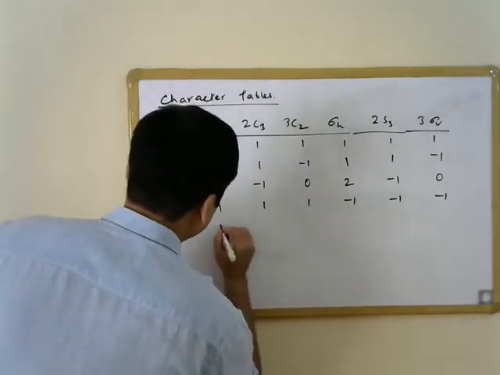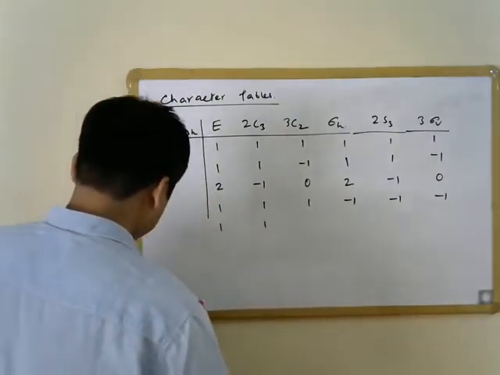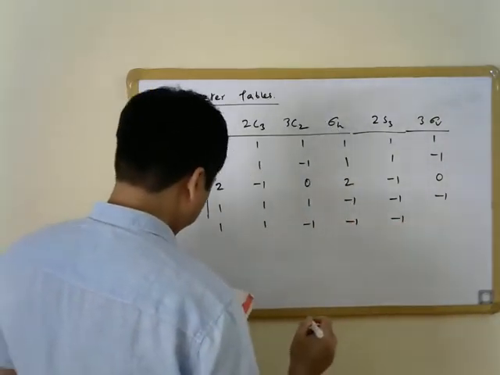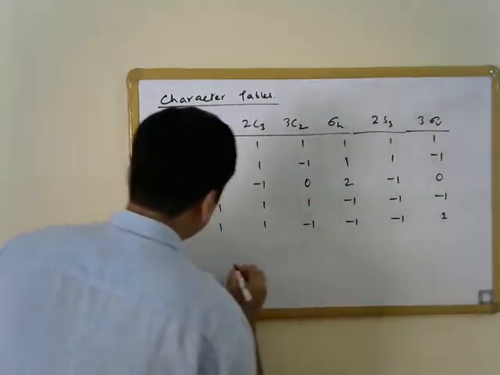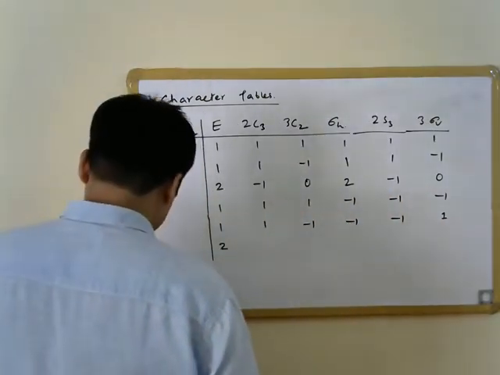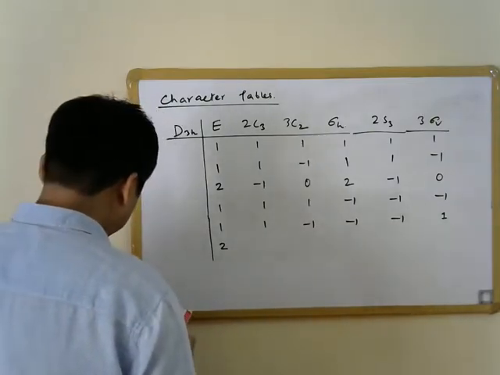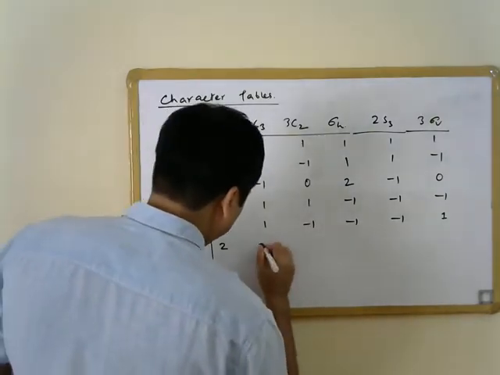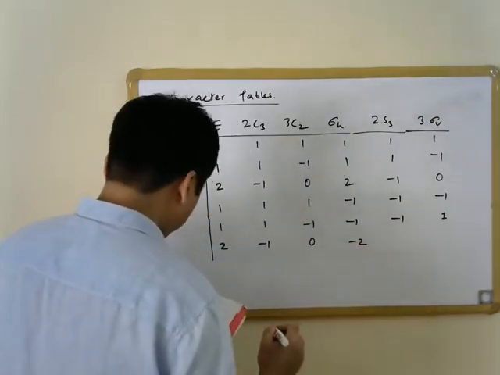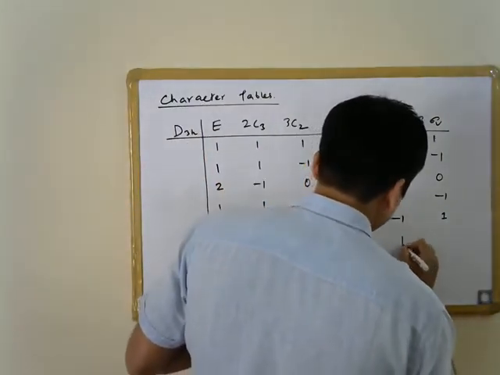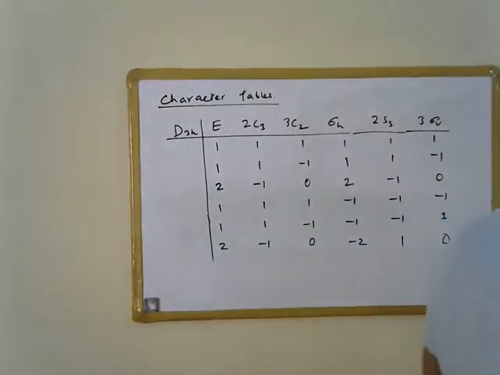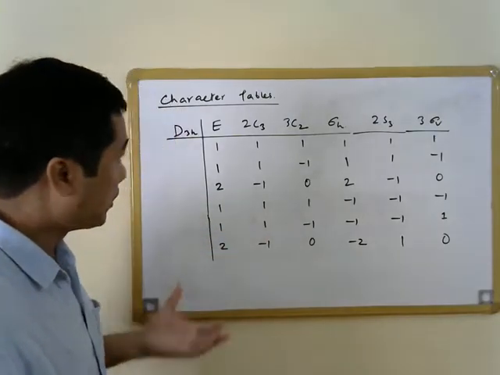Then we have 1, 1, minus 1, minus 1, minus 1, and then plus 1. So we have another 2-dimensional representation, that is E, which is 2, minus 1, 0, minus 2, 1, 0. So let us try to write the Mulliken symbols for these irreducible representations.